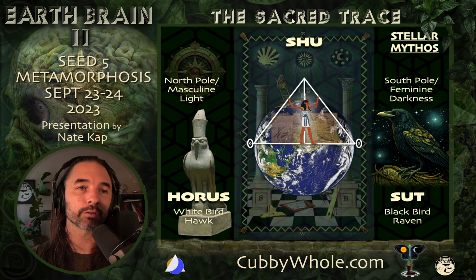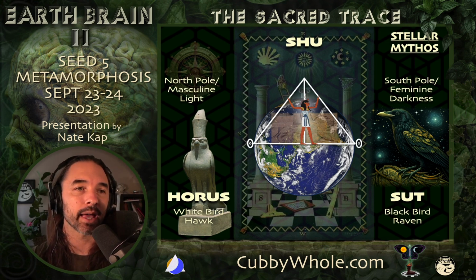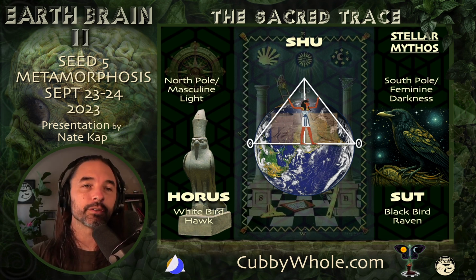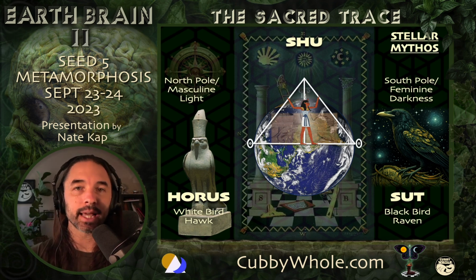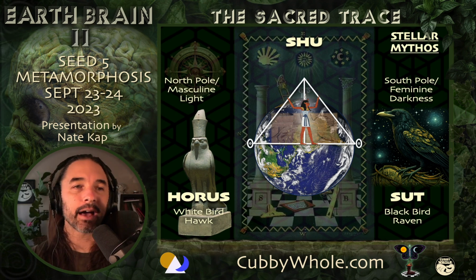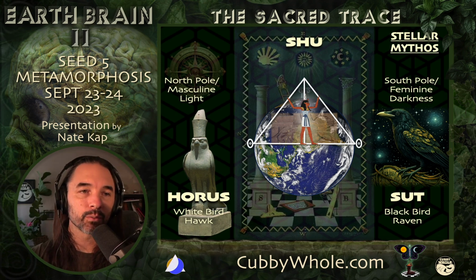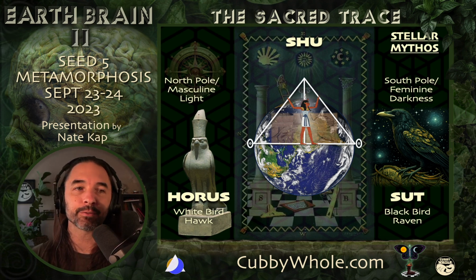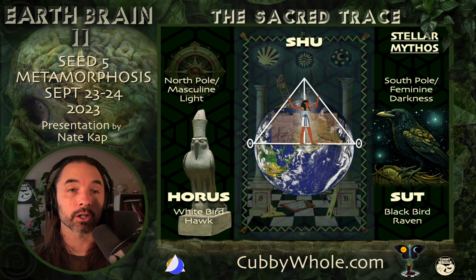They were the first two zootypes that the ancient Egyptians associated with night and day sky, or black and light, or darkness and light. So the North Pole was granted to Horus, which is a masculine aspect. Light is masculine. And the South Pole was granted to Set, which is the feminine, the South Hemisphere, which is associated with darkness.